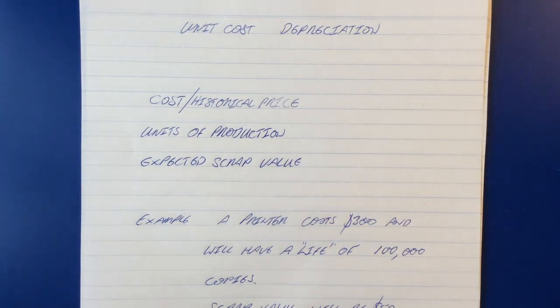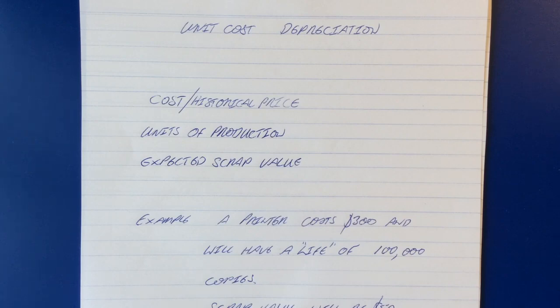Assume that you buy a machine and the machine is capable of making 100,000 units of something, and then it has to be replaced. Now, the production schedules in the factory may not allow that machine to run continuously on a regular basis. One month it may run a lot, one month it may not run very much.